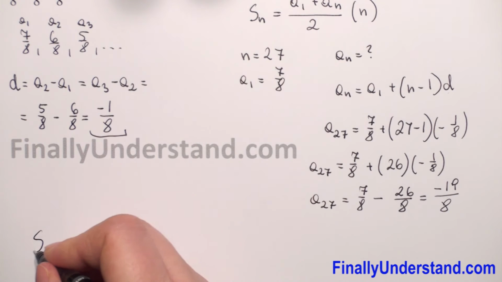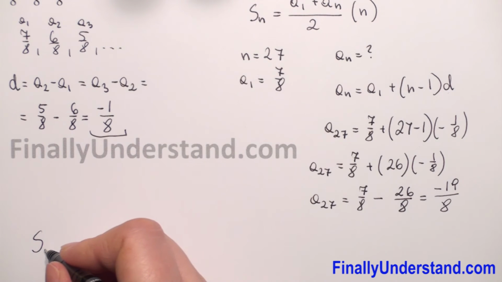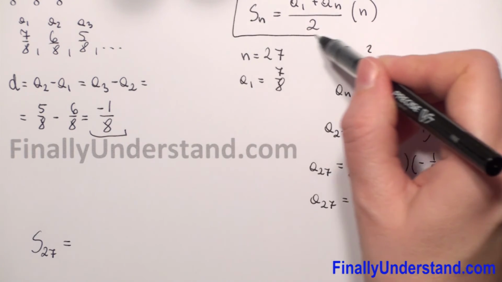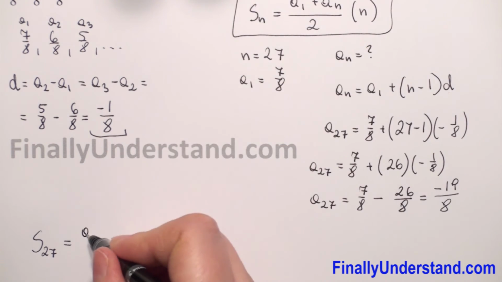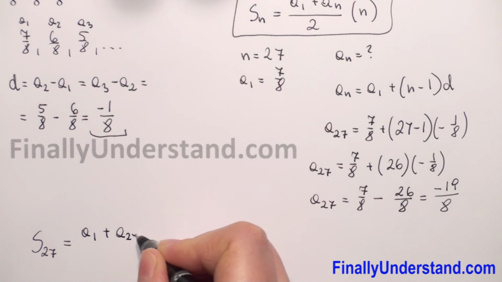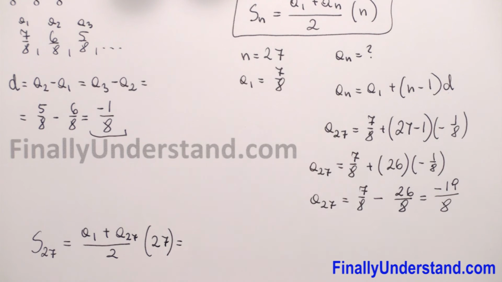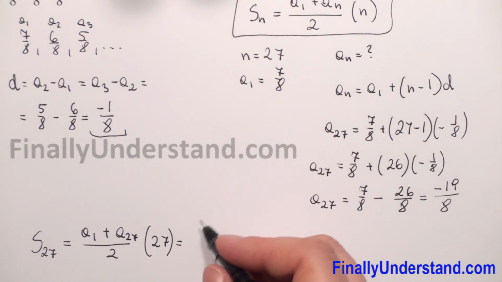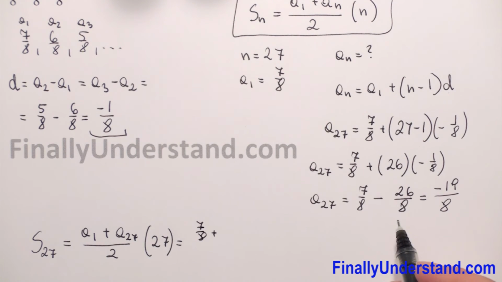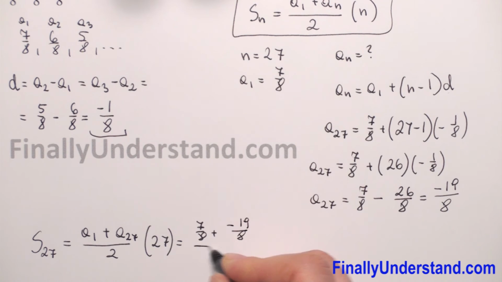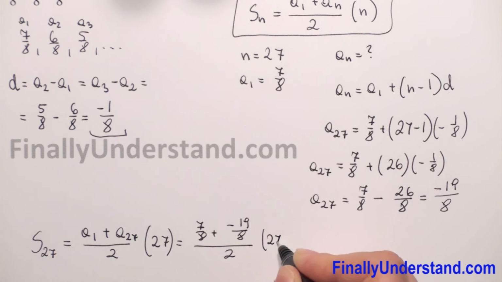So now the sum of these first 27 terms will be, we use this formula, a1 plus a27 over 2 times 27. So this is equal to, a1 is 7 over 8 plus a27 is negative 19 over 8, over 2, we copy, times 27.